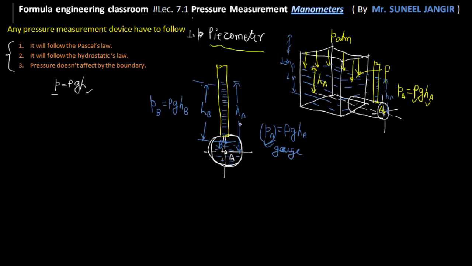So obviously the piezometer will be used only for small pressure measurements. When the height is 1 meter, the tube is very long, you can't carry it. So the first problem is that the piezometer can't be used to measure excess pressure.